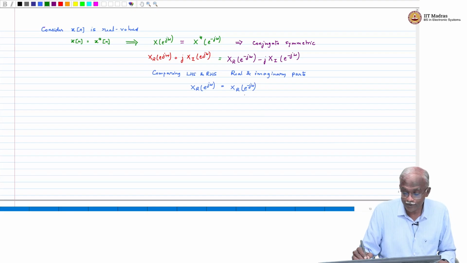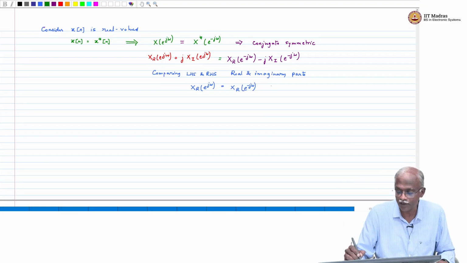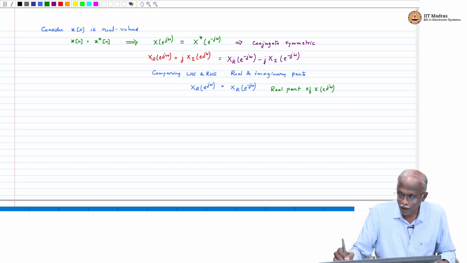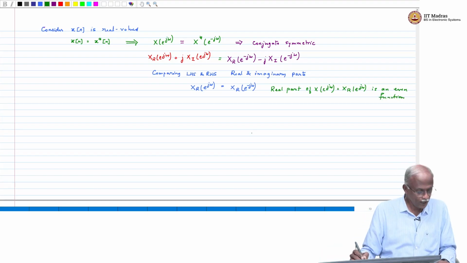A function that satisfies this property is called an even function. X of n being the same as X of minus n, it's called an even function. So the real part of X e of j omega, which is given by X R e of j omega, is an even function.